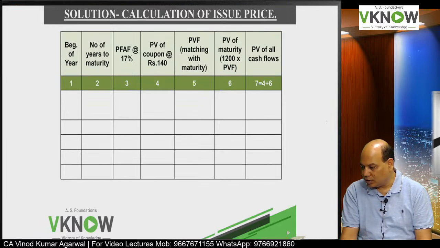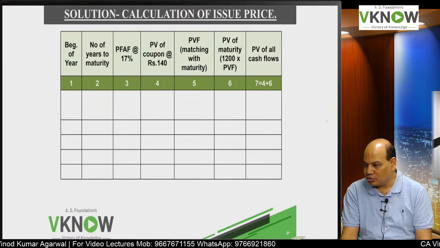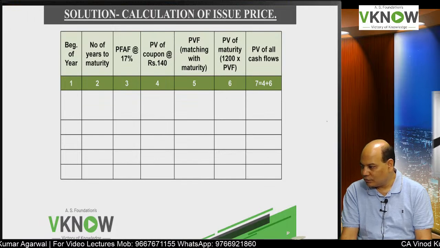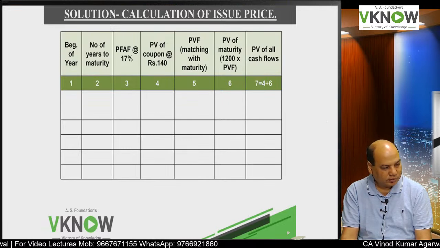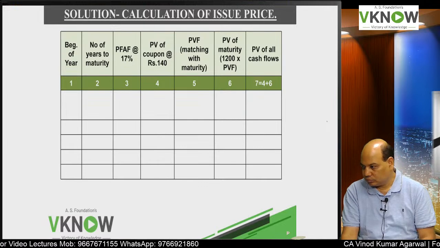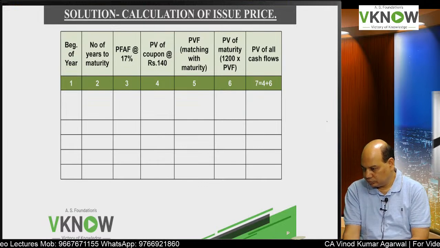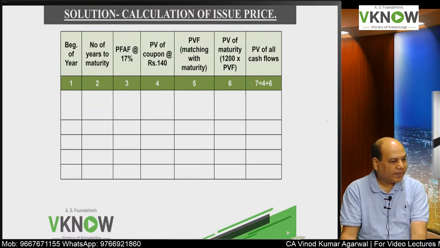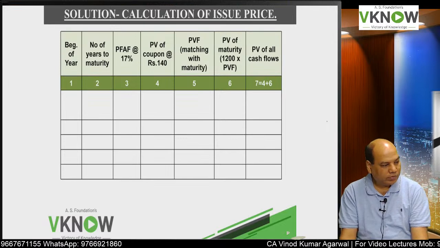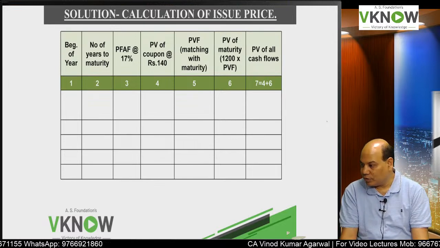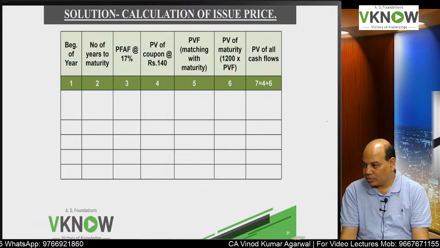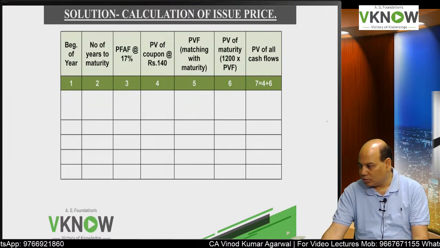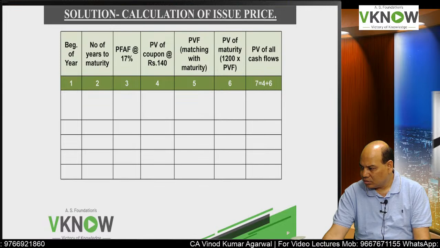Write down: calculation of issue price. Draw this table. First column, write beginning of the year. Next column, number of years to maturity.